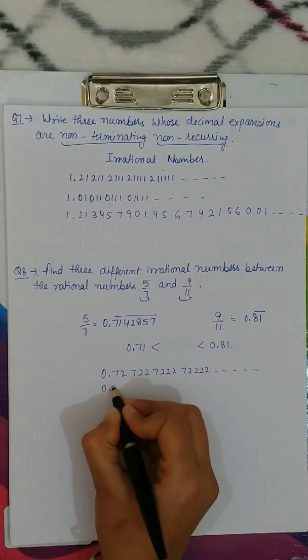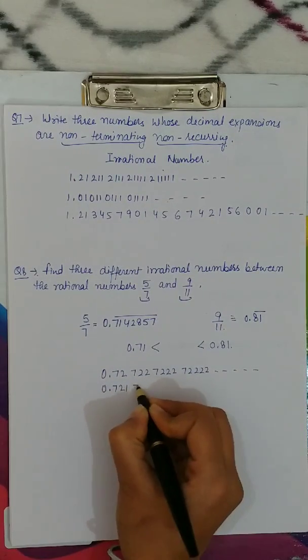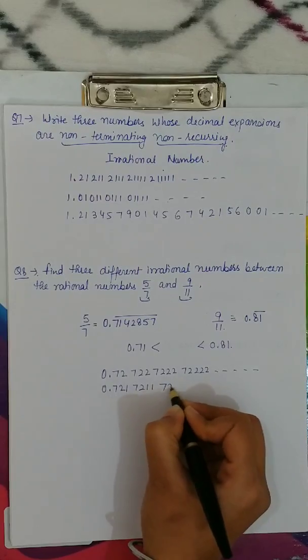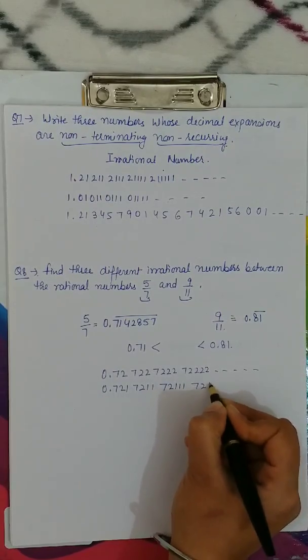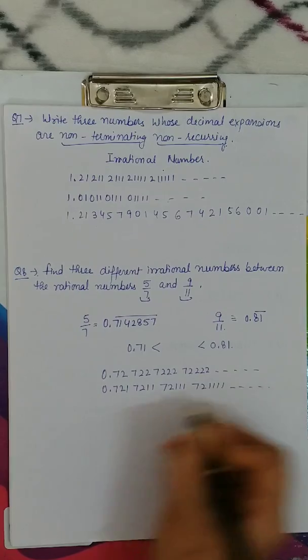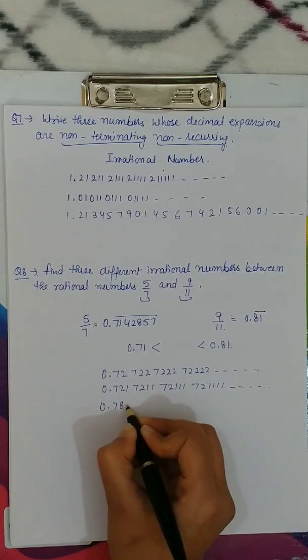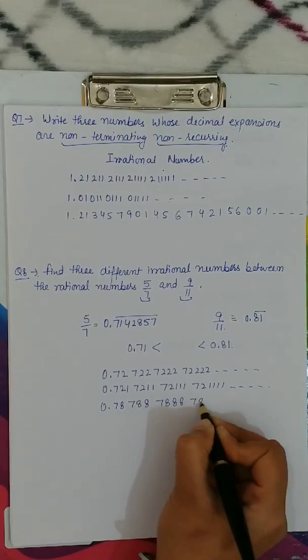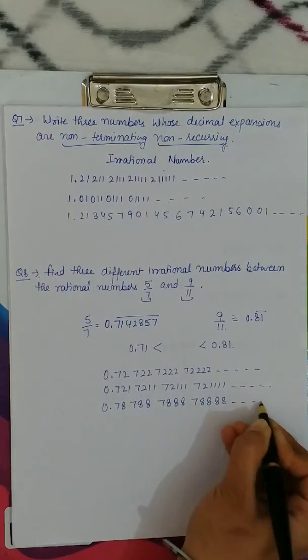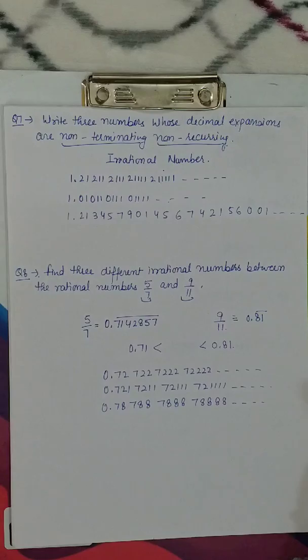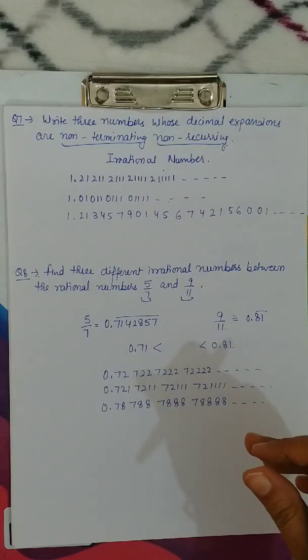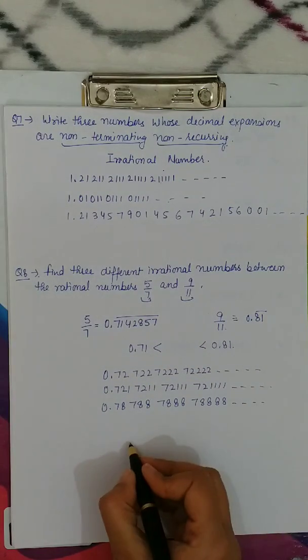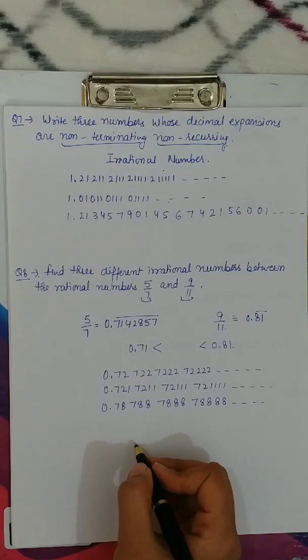I can write 0.7211, 72111, and so on. Or I can write it as 0.78, 788, 7888, 78888, and so on. So we can write infinite numbers in between 5 by 7 and 9 by 11. Hence, we have completed our exercise 1.3.